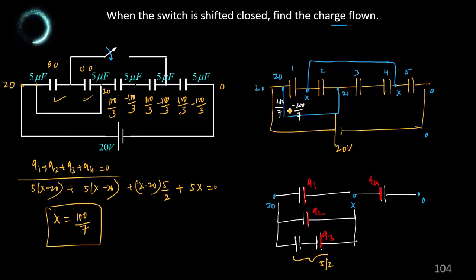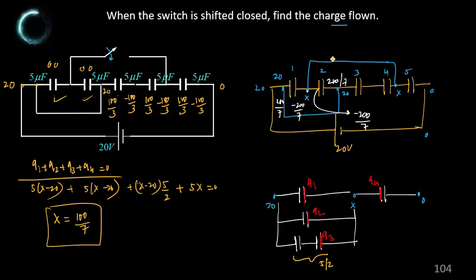Now for the second capacitor, the potential difference is again 20 minus X, so again this plate is plus 200 by 7 and this plate is minus 200 by 7. Got it? You have to be very careful about the charge calculation, and once you calculate the charge, you also have to mark the positives and negatives. So at the X point, here the charge is minus 200 by 7 and here it is plus 200 by 7.